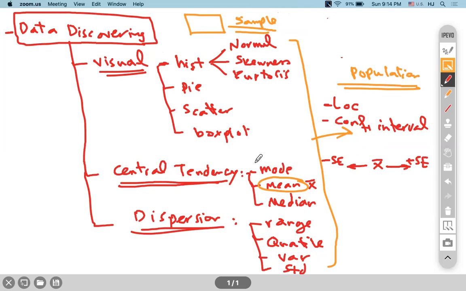But when we try to generalize, or to get some indication about the population, which we don't know exactly, we only have the sample, we try to generate a range, like a confidence interval, sorry.